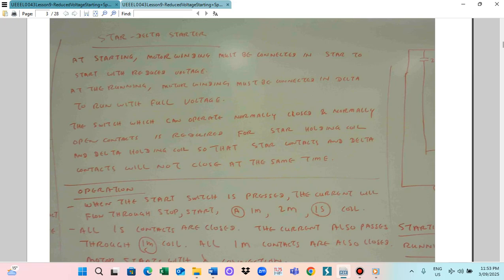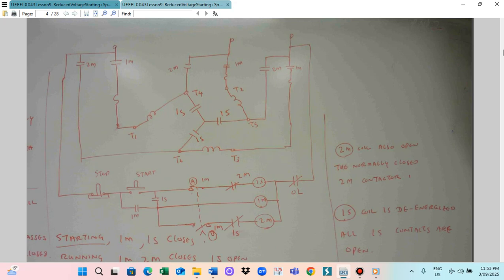So now I give you the circuit for the starter connection. In this case, you see that 1M and 2M are the contactors, and 1S, 2S. This is for the 1S contactor. 1S means that the 1S contactor needs to be closed at the time of starting.